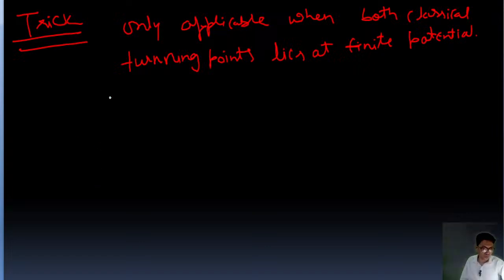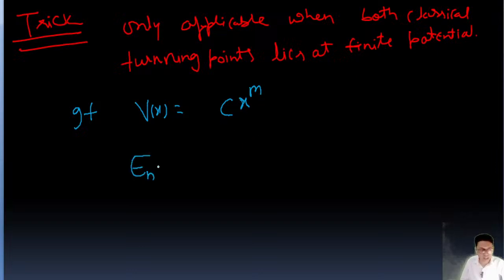So for example, if we have been given V(x) equal to C x to the power m, then we can easily find the value of En. En is going to be proportional to n to the power 2m upon m plus 2.